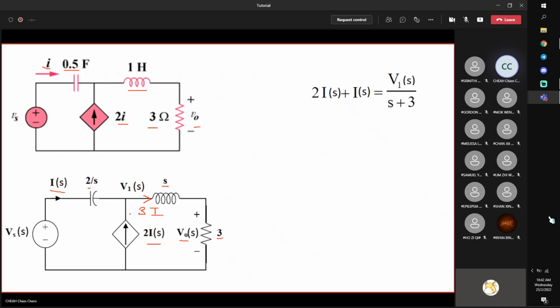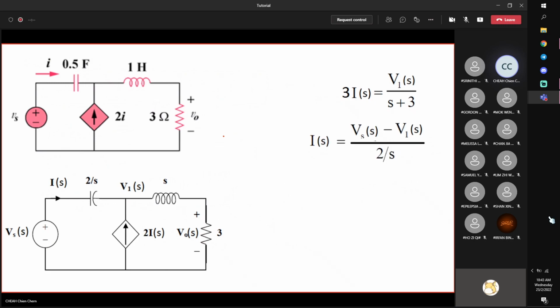The right hand side will be equal to V1 divided by this series, you add them up, S plus 3. That means that I'm applying Kirchhoff's current law at this node. Inflow equal to outflow. I plus 2I is equal to 3I.